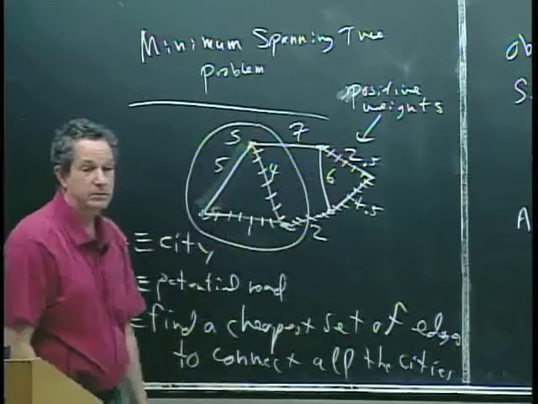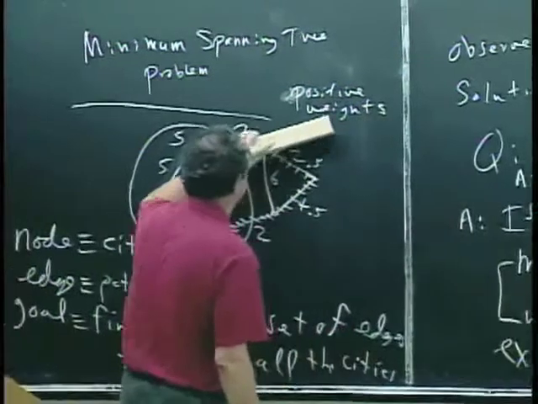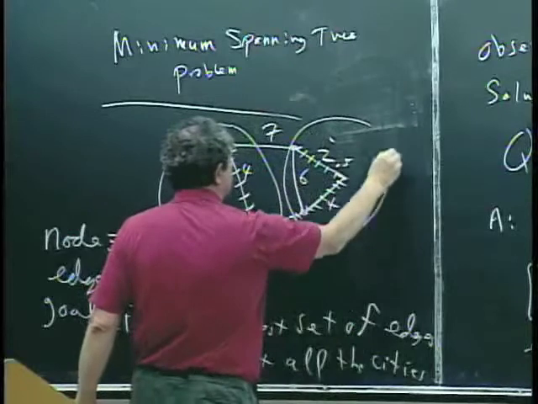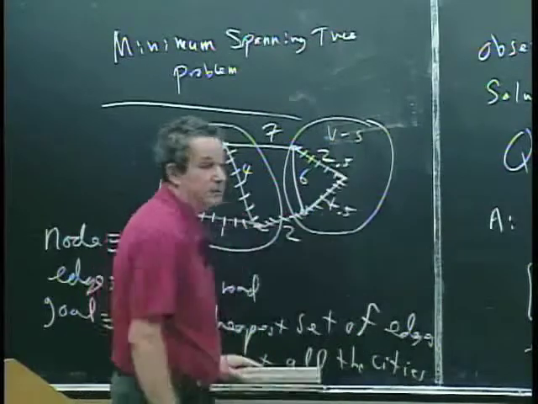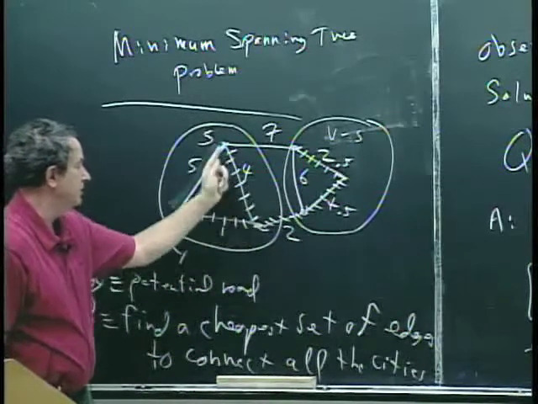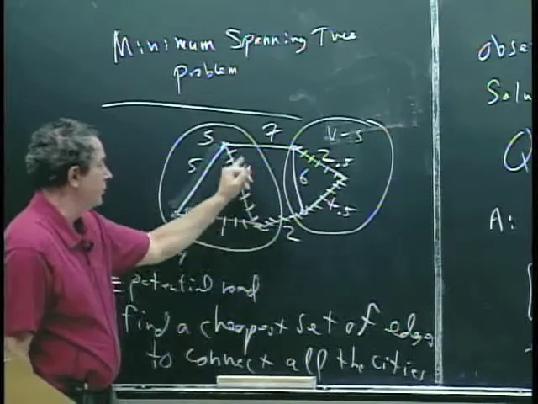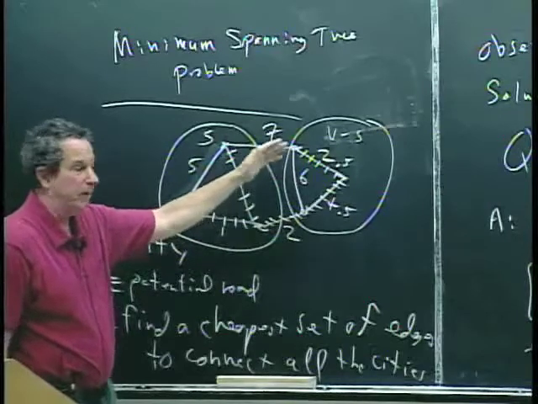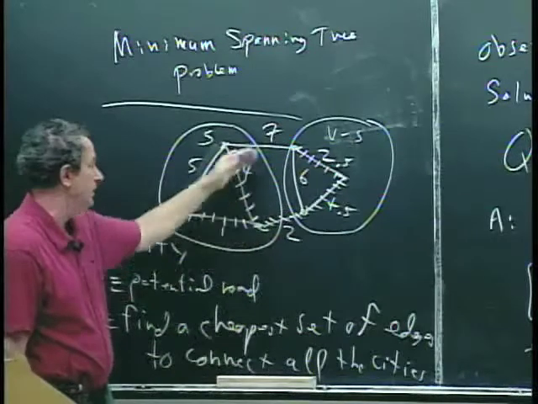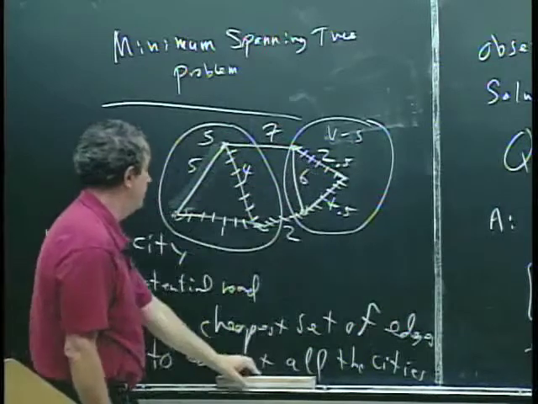We'll call that S, and the complement of the nodes, V minus S. We have two edges that cross that partition. One has weight 2 and one has weight 7. Which one of those is in the minimum spanning tree that we looked at? It's the one of weight 2. That's the minimum cost edge that crosses between S and V minus S.